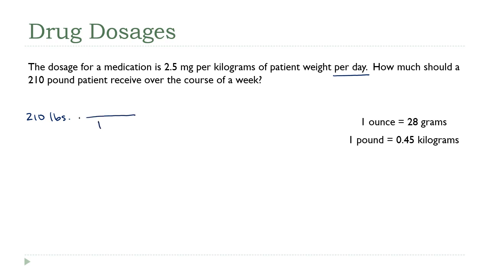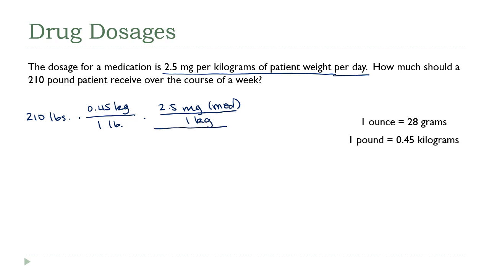So it's 1 pound per 0.45 kilograms. Now, let's see how we can use this part here. There's 2.5 milligrams of medication per 1 kilogram of patient weight per day.